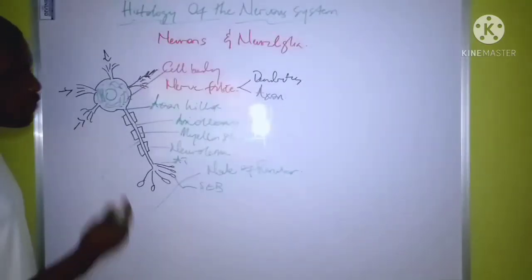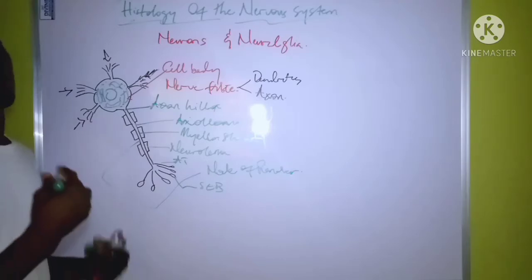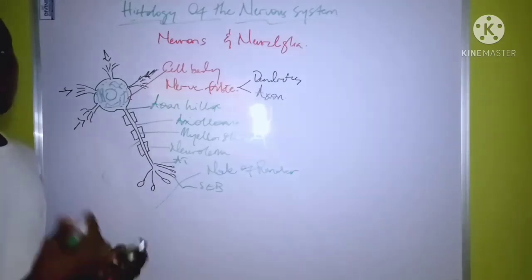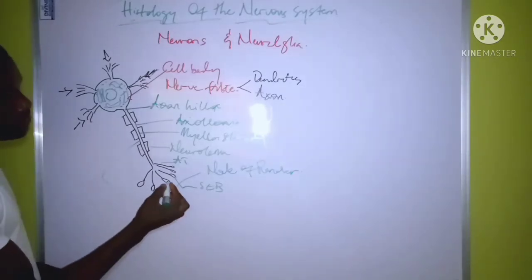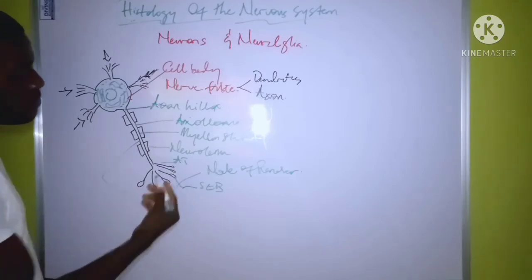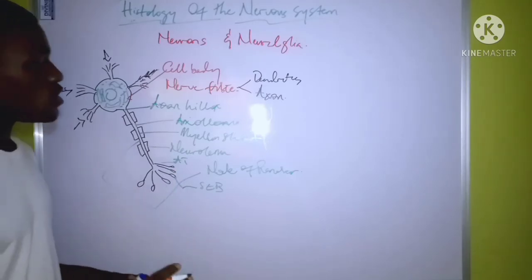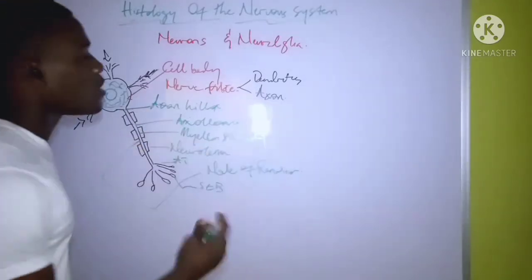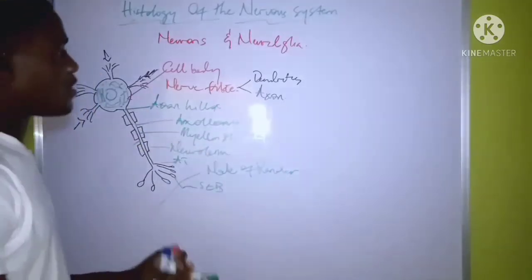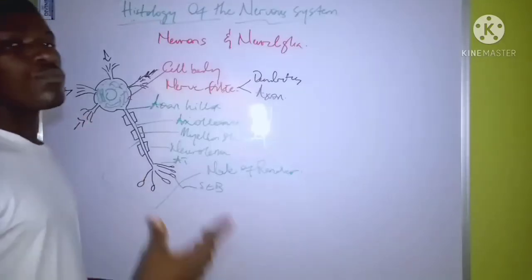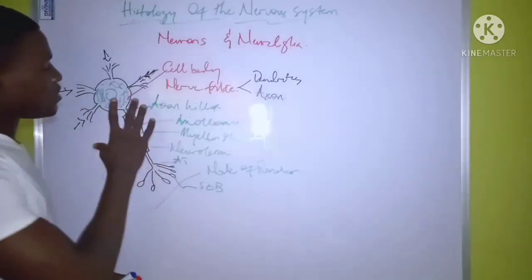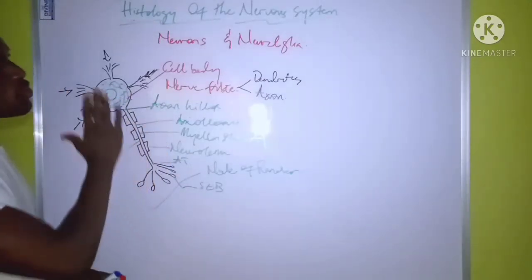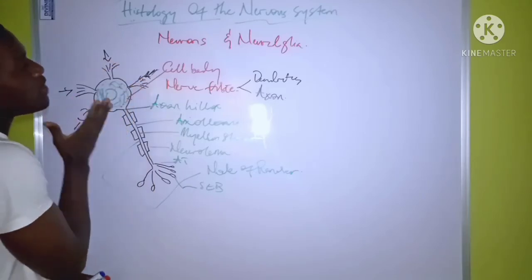The function of the synaptic vesicles is to store neurotransmitters. That is, the synaptic vesicles are found within the synaptic end bulbs, and they function in the storage of what? Of neurotransmitters or impulses. So now the next which we'll talk about is what a group of cell bodies or neuronal structures of the nervous system are called.